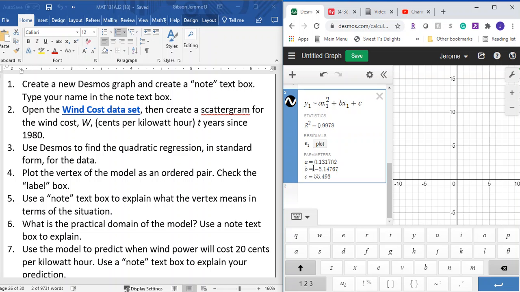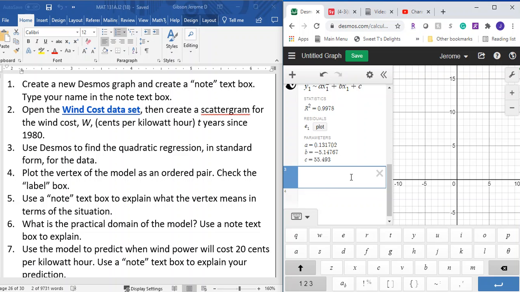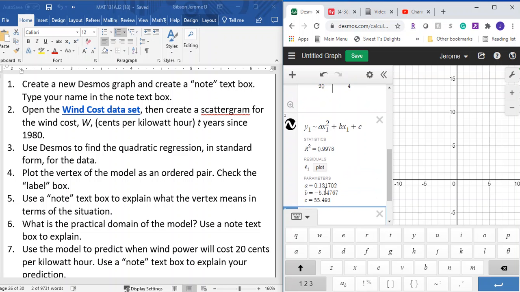Now it tells us, standard form, use Desmos to find a quadratic regression. Now we found our values, but we have to write it as a quadratic regression. So we will substitute these values in for A, B, and C. Now to plot the vertex of the model as an ordered pair, okay, now here's the issue with the vertex.